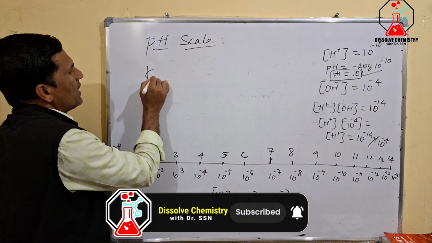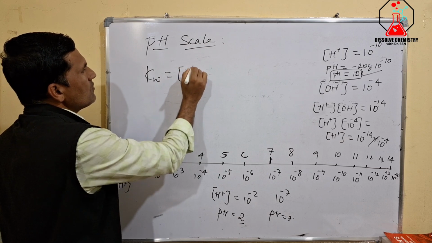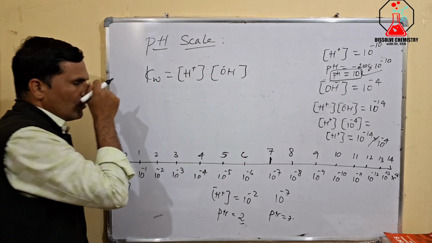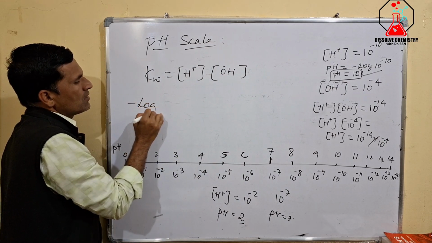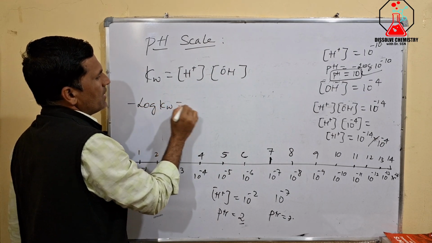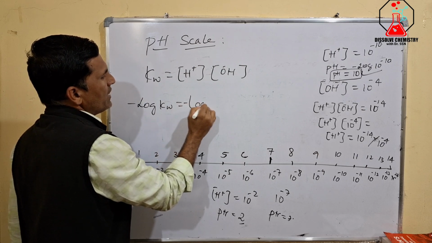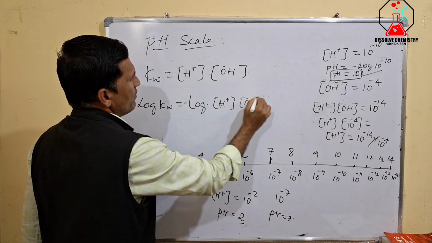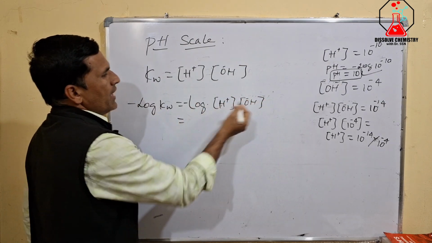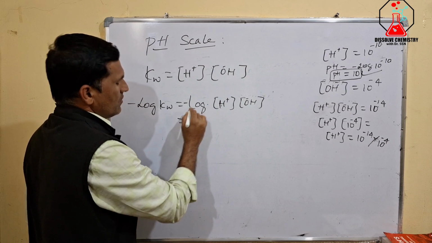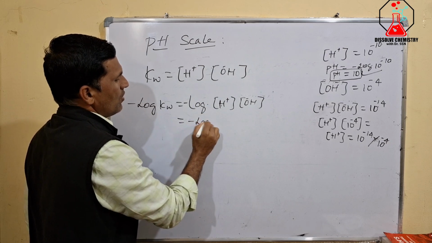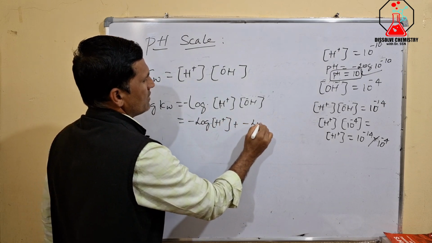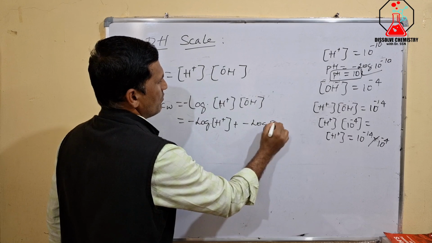So that is Kw is equal to H plus into OH minus ion. Now what you do? Multiply with minus log. So minus log Kw is equal to minus log of H plus into OH minus, which is minus log of H plus minus log of OH minus.